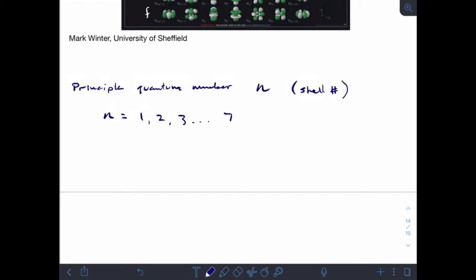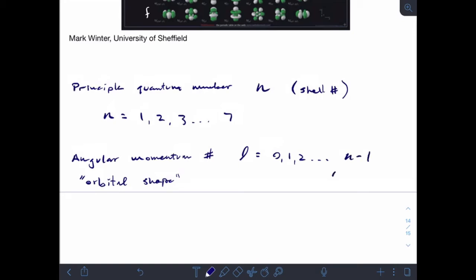The next one is the angular momentum number. What the angular momentum number tells us is orbital shape. The angular momentum number is given as a cursive l, and l can be 0, 1, 2, to any number up to n minus 1.